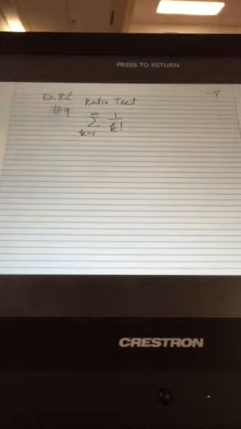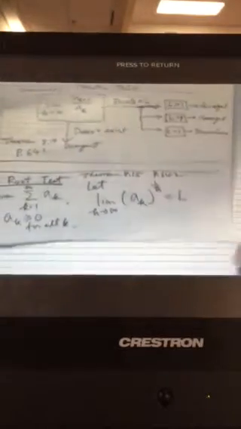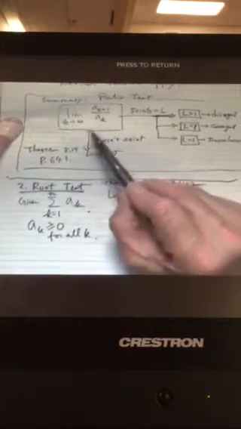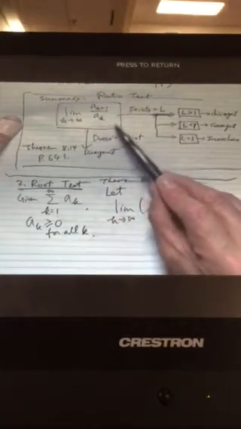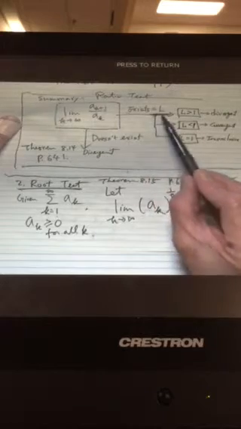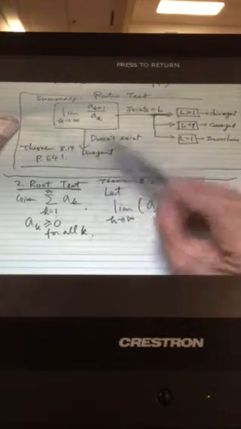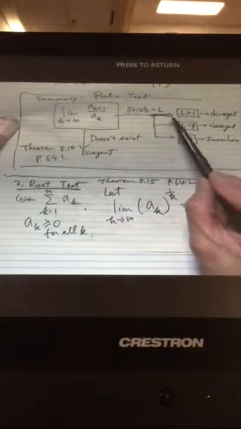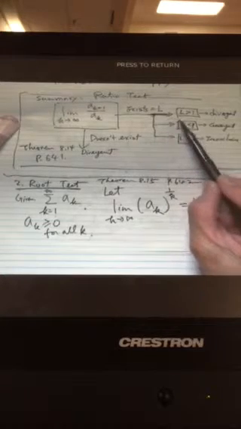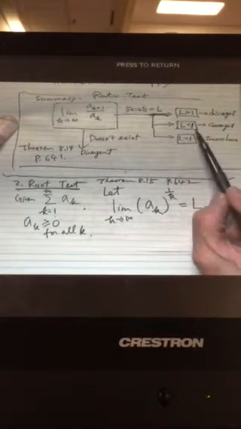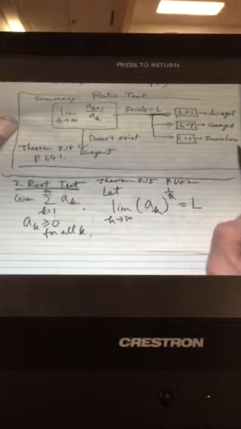So let us review what the ratio test says. Ratio test says that if I take this limit, either the limit exists or the limit doesn't exist. If the limit doesn't exist, divergent. If it exists and the limit is bigger than 1, it is divergent, smaller than 1 is convergent, equal to 1 is inconclusive.